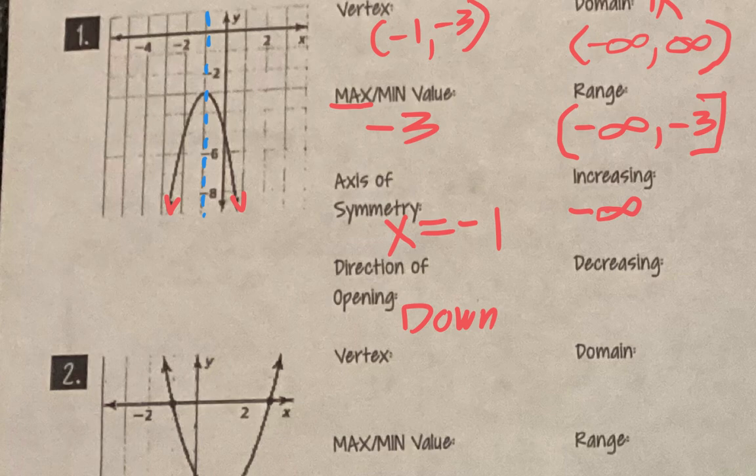And I am going to go to the x-coordinate of my vertex, and that's where I would change from increasing to decreasing. So from negative infinity to -1. I reach -1, bracket. I never reach negative infinity, parentheses.